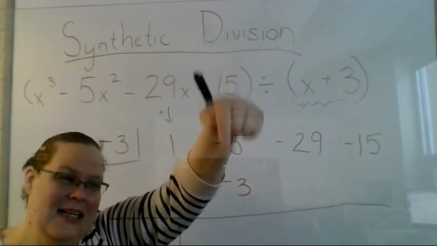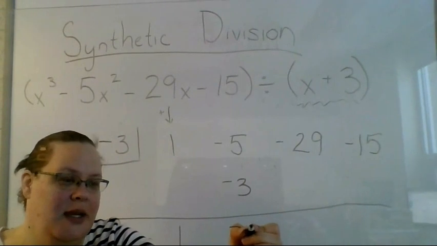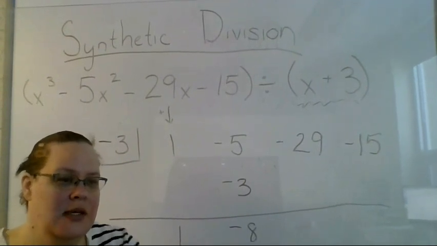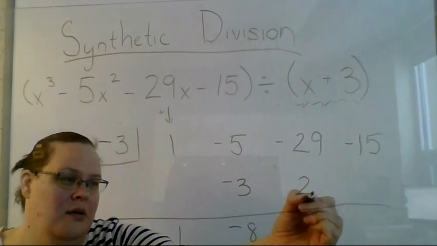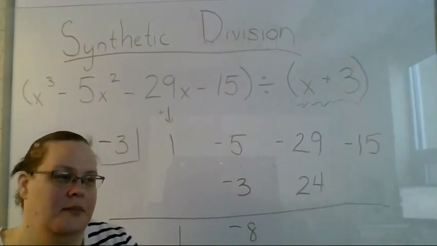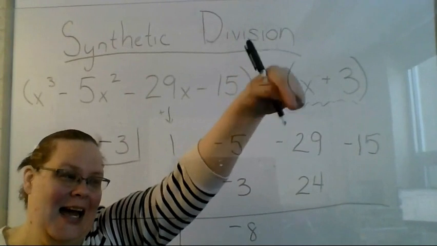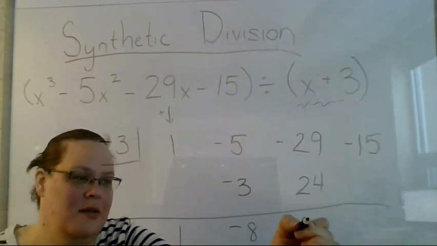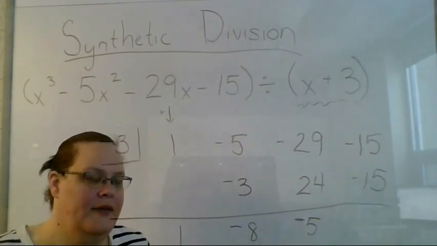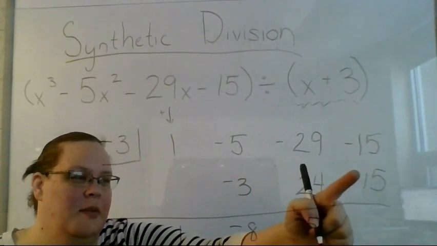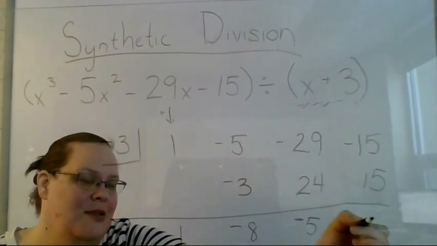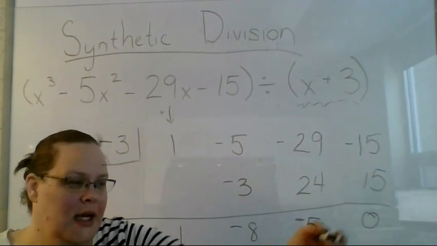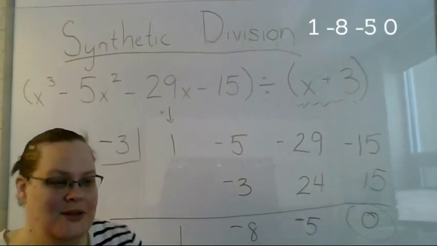I add in this direction, which gives a -8, and then multiply it by -3, which is 24. I add in this direction, -5, so this becomes 15. I add in this direction, and when I get a 0, it means there's no remainder.